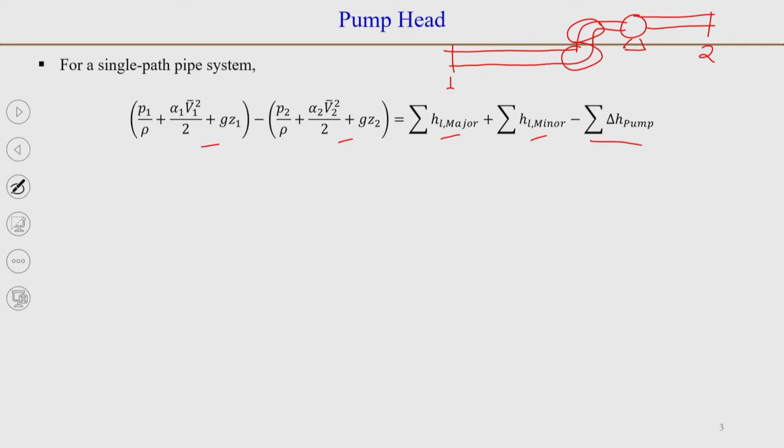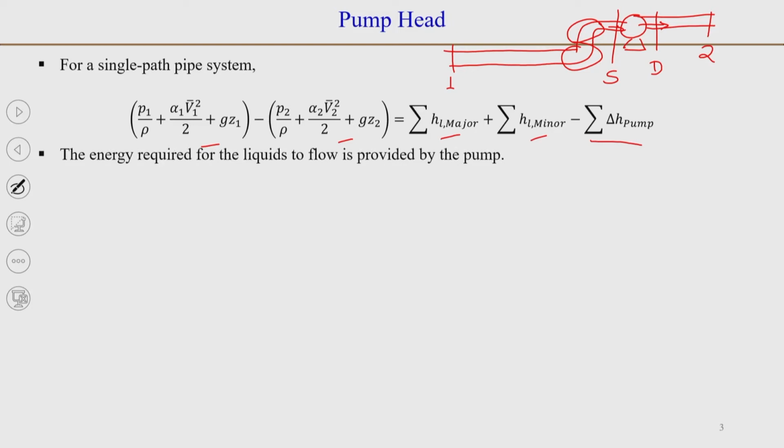Now, for this pump you can have the suction side where the flow is entering into the pump, and you have the discharge side where the flow is going out of the pump. Okay.